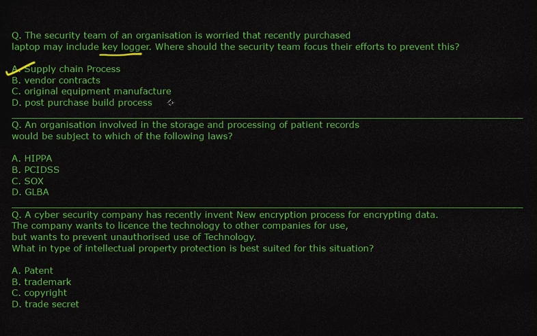These others are wrong answers. The bottom two, vendor contracts, wouldn't ensure this. They should buy the equipment or system from the authorized vendor, ensure that it is certified and free from defects and other malware. This is ensured through the supply chain process.